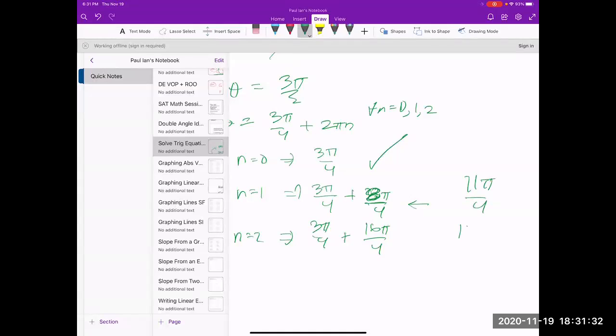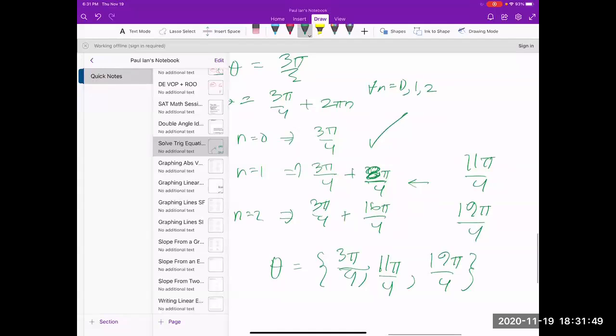The other one is going to be 19 pi over 4. So you have 3 pi over 4 for n equals 0, then 11 pi over 4 for n equals 1 up to 2 pi, and then 19 pi over 4 at the 4 pi.